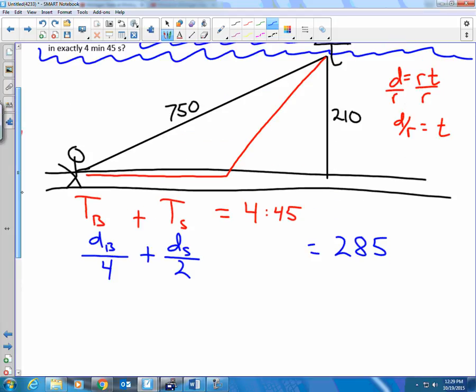Looks like I need to insert a variable. And I'm going to choose, most people would choose this to be x right here. I'm actually going to choose this distance right here to be x. And you'll see why. I'm just trying to save us a little bit of work.